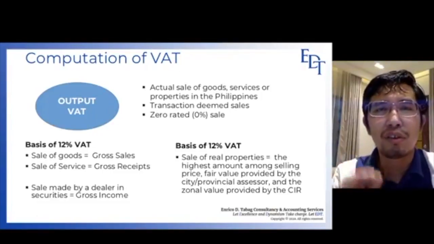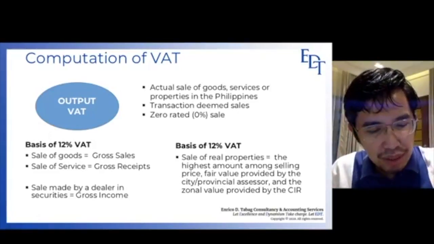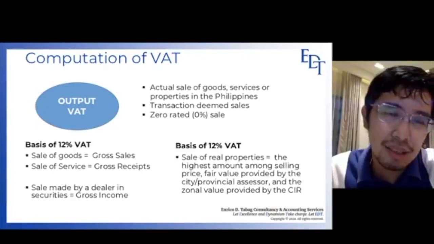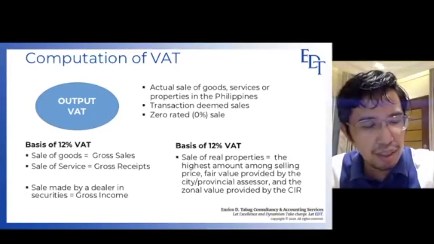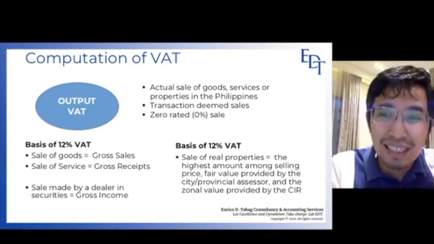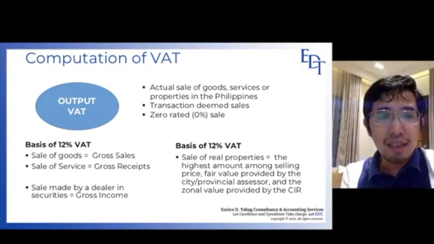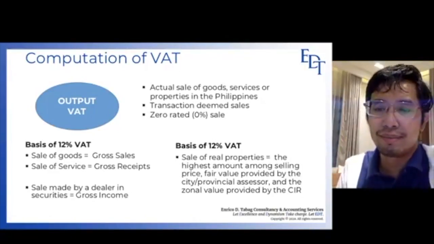Tinatawag ding gross receipts. So, saan natin i-multiply si 12%? Generally, gross sales, sir. But actually, you use the term gross sales if we pertain to sale of goods. But if we pertain to sale of service, the 12% shall be based on gross receipts or collections. Okay, let's illustrate. The other basis will be discussed in a separate video.